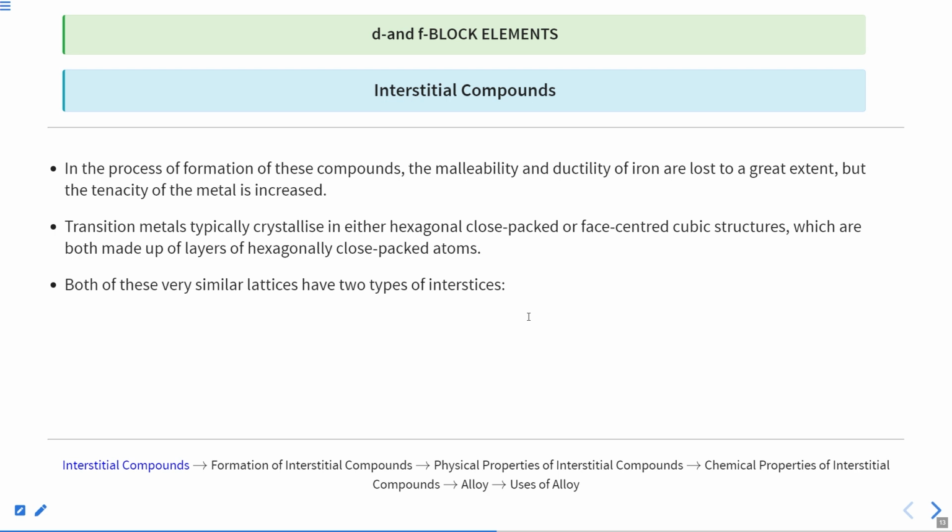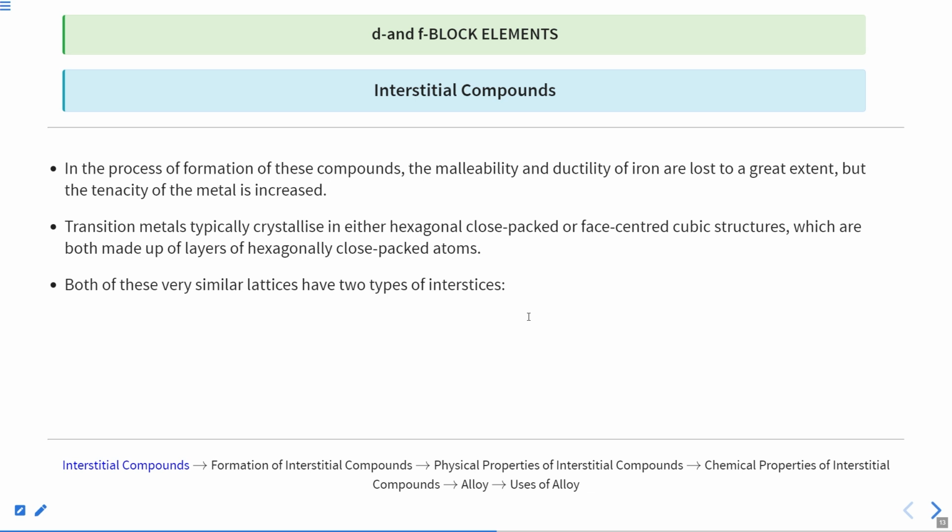Now, in the process of formation, the malleability and ductility are lost. I have already mentioned that the malleability and ductility go down to a large extent, but the tenacity of the metal is increased. That is, toughness is increased. Transition elements typically crystallize in either hexagonal close packing or face-centered cubic structure, which are both made up of layers of hexagonal close packed atoms.